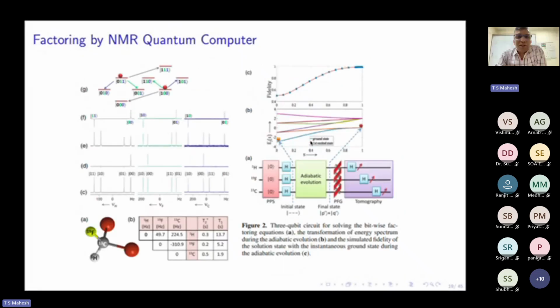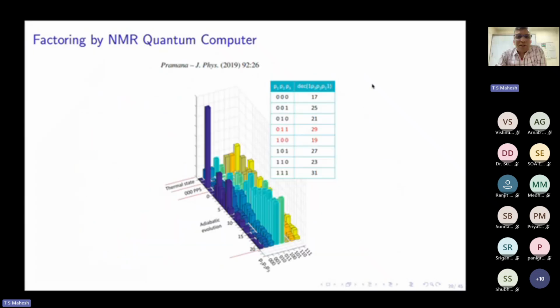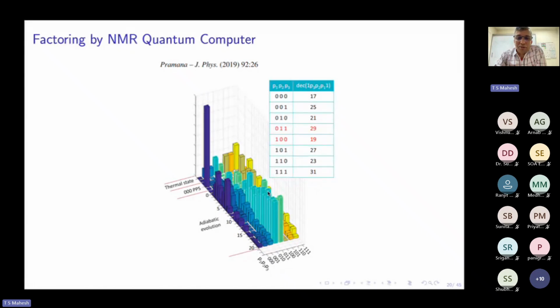So the Hamiltonian that we encoded was for 551, and these are the factors that came out, with higher probability. Since it is an adiabatic evolution, once you reach the ground state, it stays in the ground state.